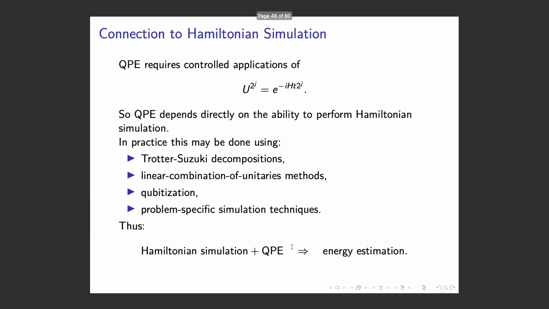Yeah, I see that. So when you connect this to Hamiltonian simulations, it requires controlled applications of these operations here. So it depends directly on the ability to perform Hamiltonian simulations.